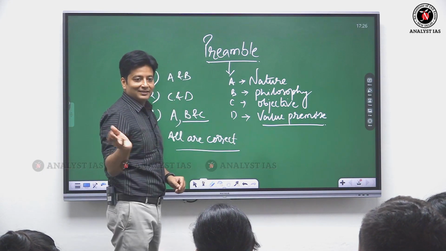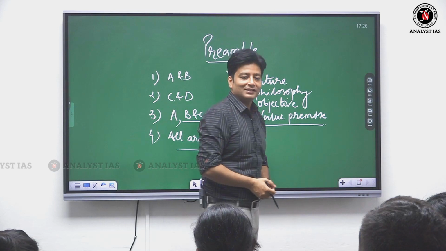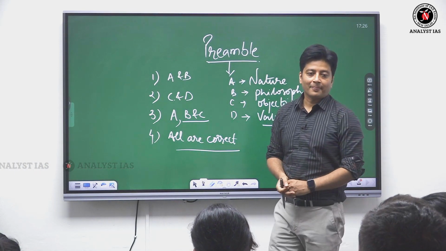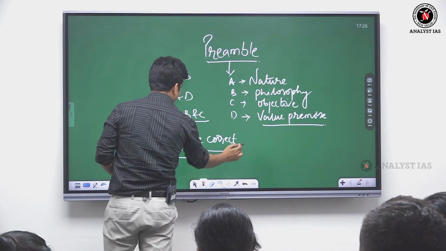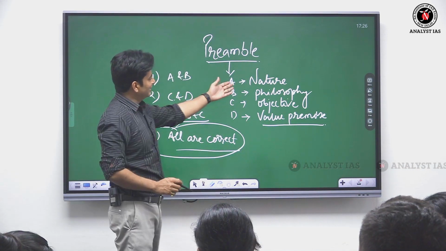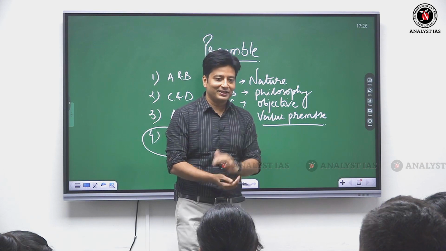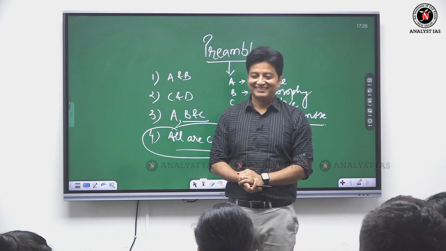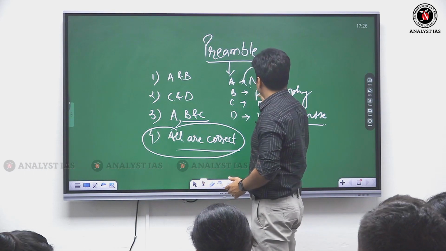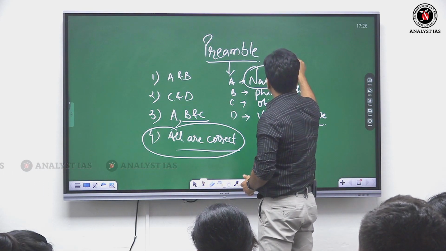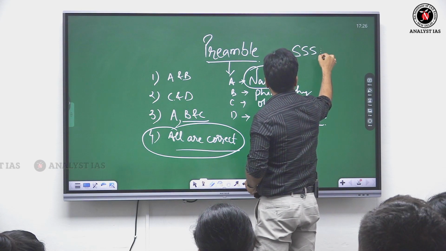So what do you say? Which option is correct here? If I say that all are correct, then what is the nature of the constitution that has been told by the preamble? The nature of the constitution is told in an expression called triple SDR.